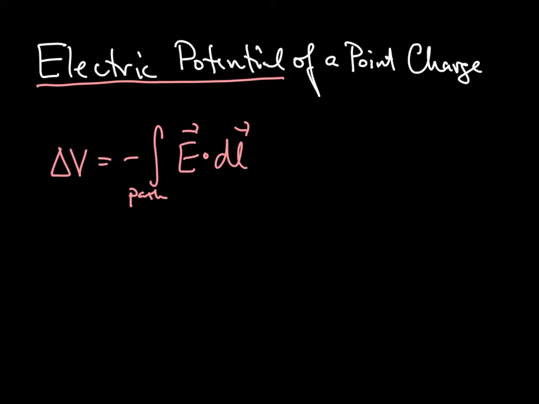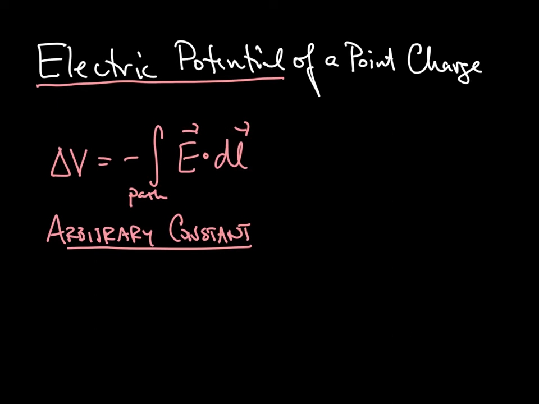Now, those of you who are remembering your integrals from calculus are saying, right, whenever you take an integral of something, you could always add an arbitrary constant. We're going to take advantage of this to set a rule for finite charge distributions.